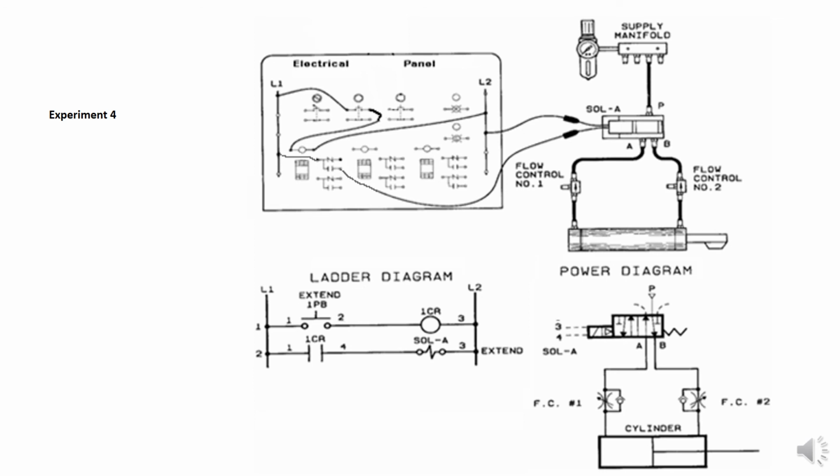Solenoid A will be energized and the cylinder will extend. When 1 PB is released, the power is removed from the circuit. When that happens, the spring in the DCV, which is in the diagram on the right, pushes the valve back to the normal position and the cylinder retracts.